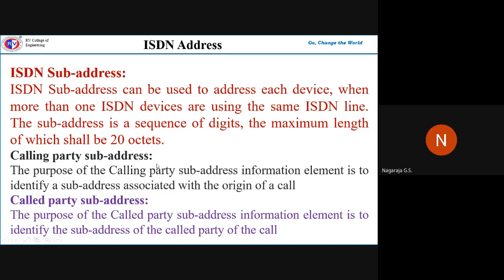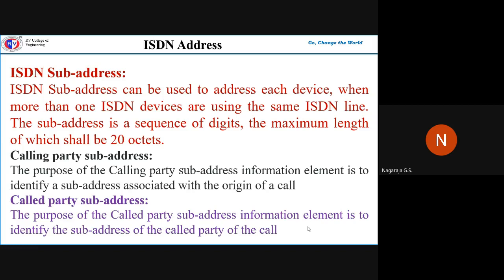Then calling party subaddress: the purpose of the calling party subaddress information element is to identify a subaddress associated with the origin of a call. Then we have a called party subaddress, where the purpose of the called party subaddress information element is to identify the subaddress of the called party of the call.